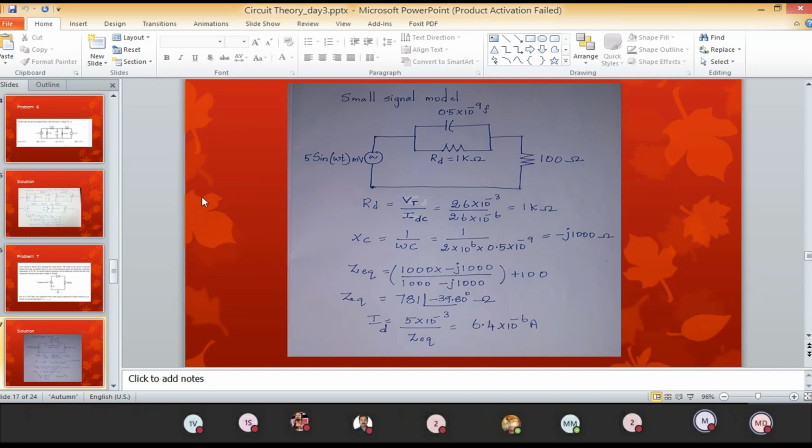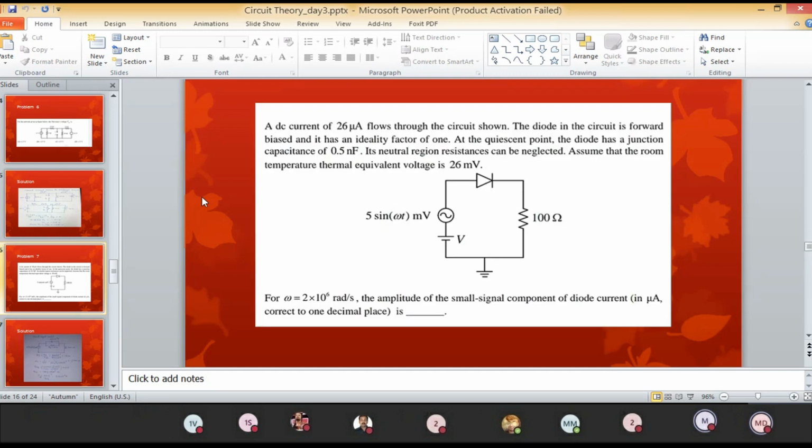So listen, students, problems like this are not simple. You can notice from the question itself, he is asking for the small signal model. How to develop the small signal model? You have to first find the diode resistance. How will you find the diode resistance? He has mentioned the thermal equivalent voltage, and he has mentioned a DC current of 26 microamps.